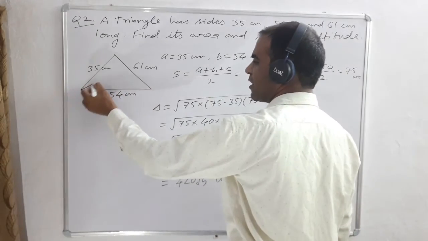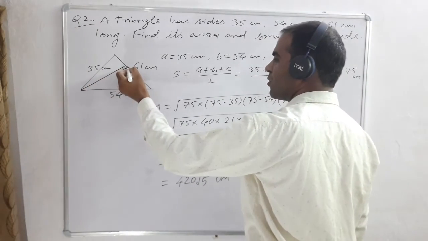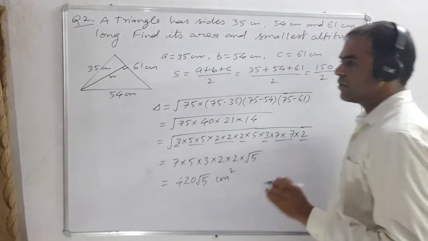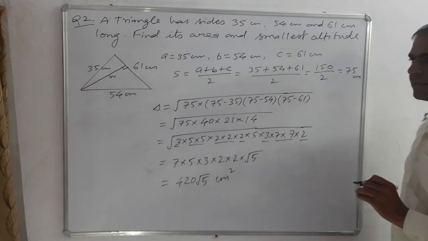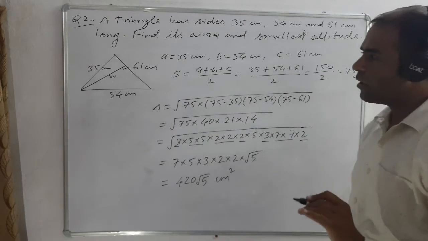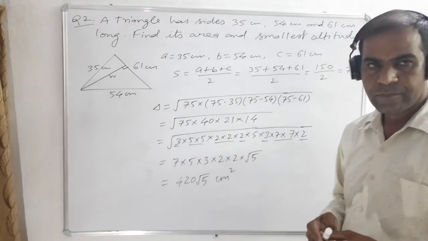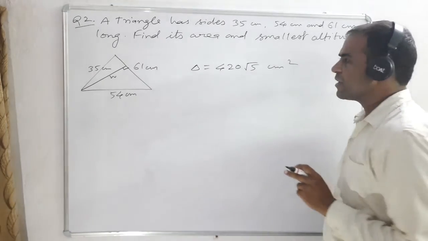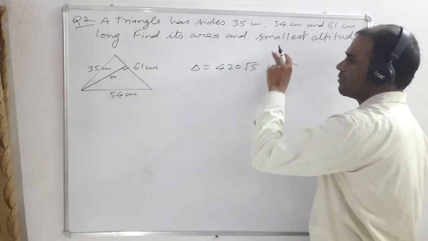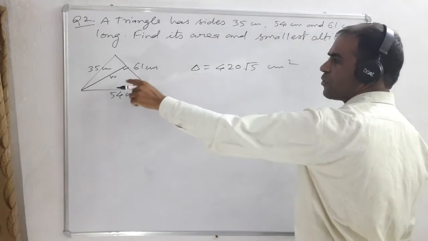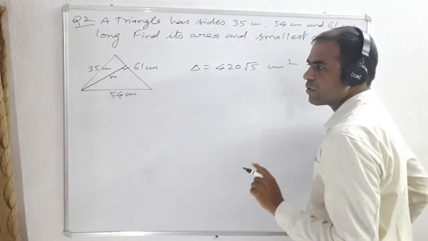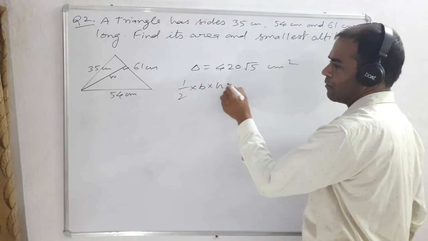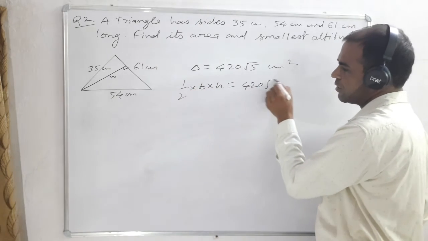The smallest altitude lies on the longest base. Area is 420 root 5 centimeter square, and find the altitude. The smallest altitude is on the longest base. So half base height equal to 420 root 5.